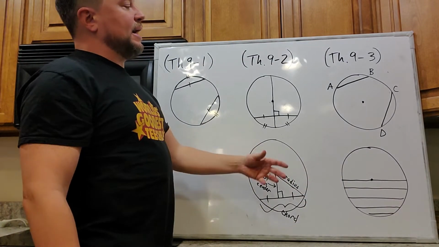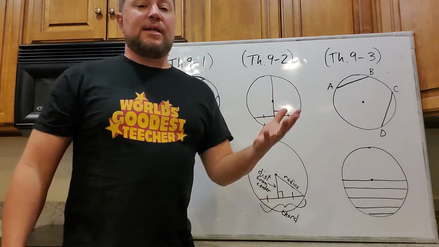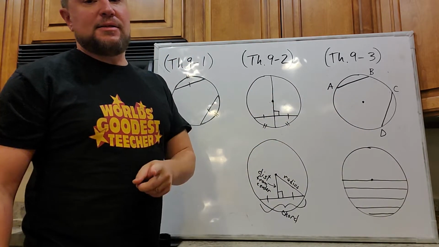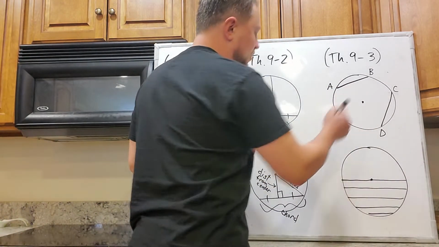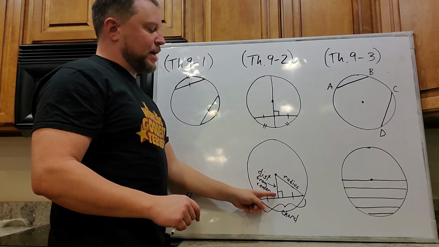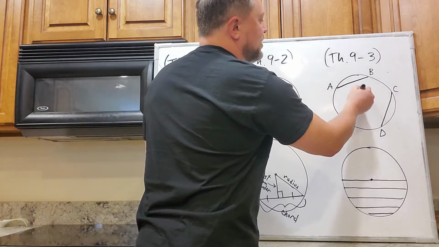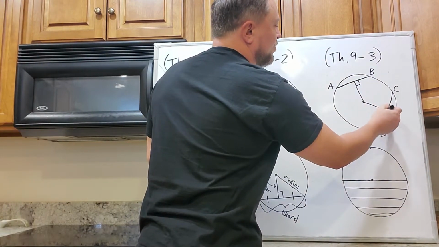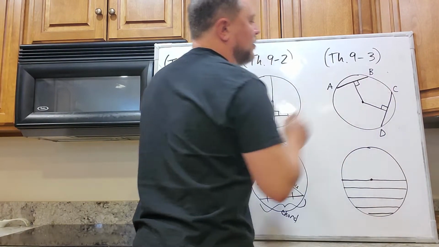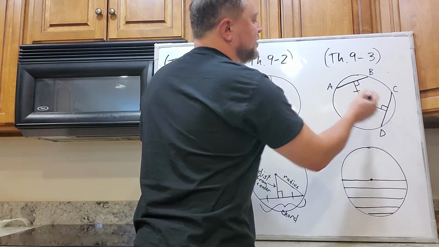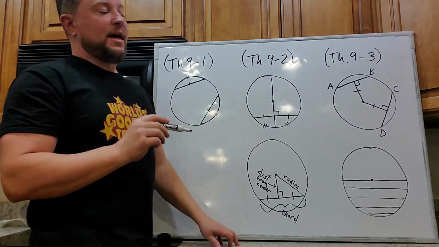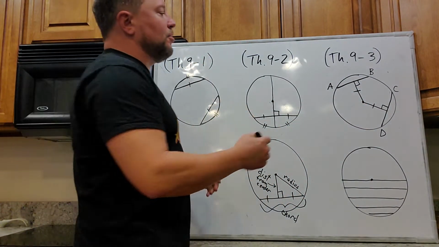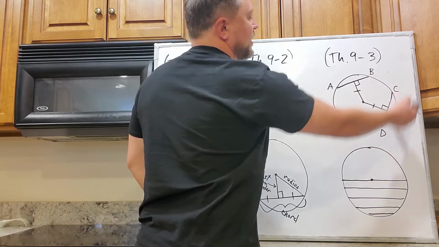So if you realize that, then this theorem is simply stating that if two chords are exactly the same distance from the center, remember that distance is measured at a right angle. So if I ran a segment from the center to here at a right angle, and a segment from the center to there at a right angle, and if these distances match, then as a result, the full lengths of the chords have to match as well.